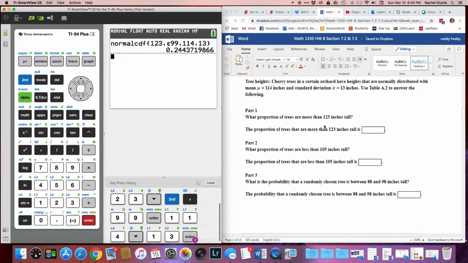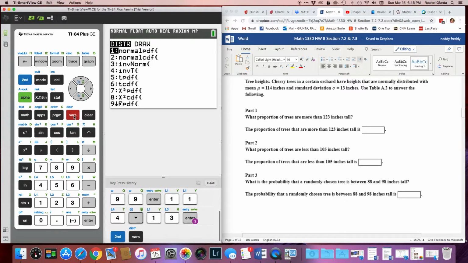So this is a more than; the less than and between ones are very similar, so we'll go through those real quick. Second vars, normal CDF. Now we want less than 105 inches tall, so a lower limit of negative infinity in this case doesn't actually make sense, but you can still put that in.